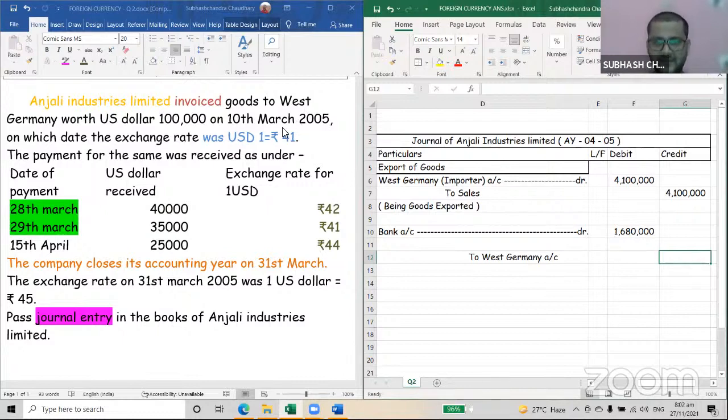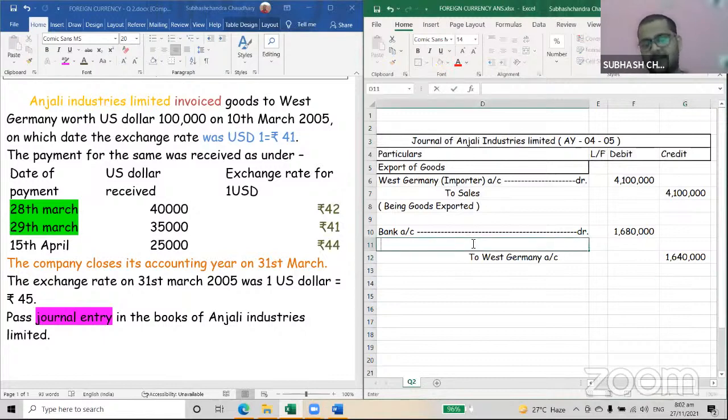That is the exchange rate as on the date of transaction, 41. So it will be equal to 40,000 multiplied by 41, 16,40,000. So you will get some difference on the credit side.